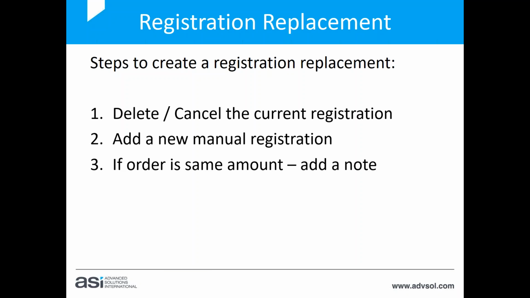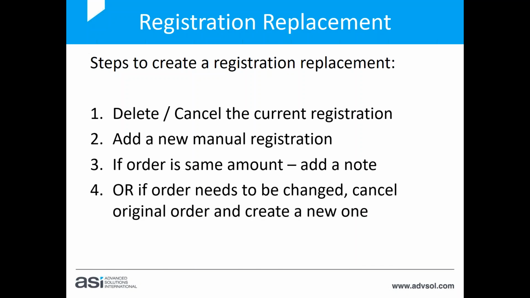Three, if the order is the same amount, you could add a note to the order. Just say, this is actually John's order, he's replacing Jane at this event. Or if that's not suitable for the member, if the order and invoice does need to be changed, you can cancel the original one and create a new one.